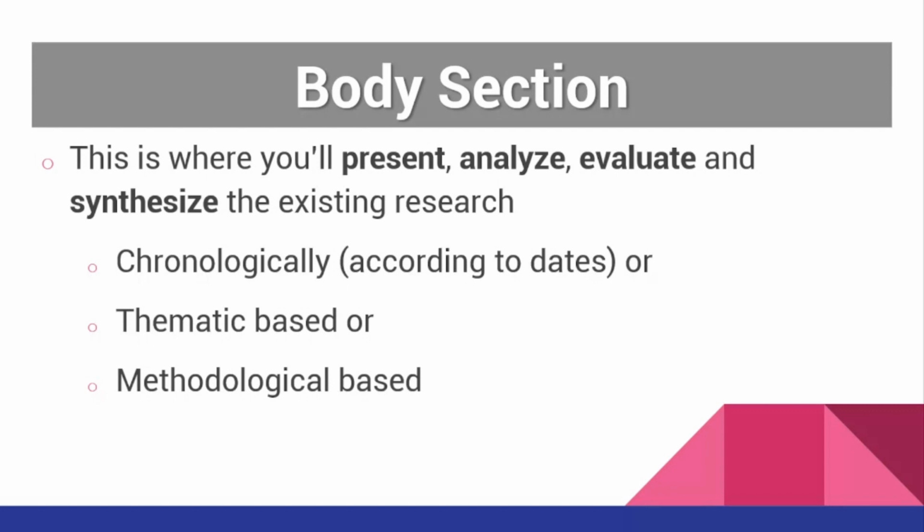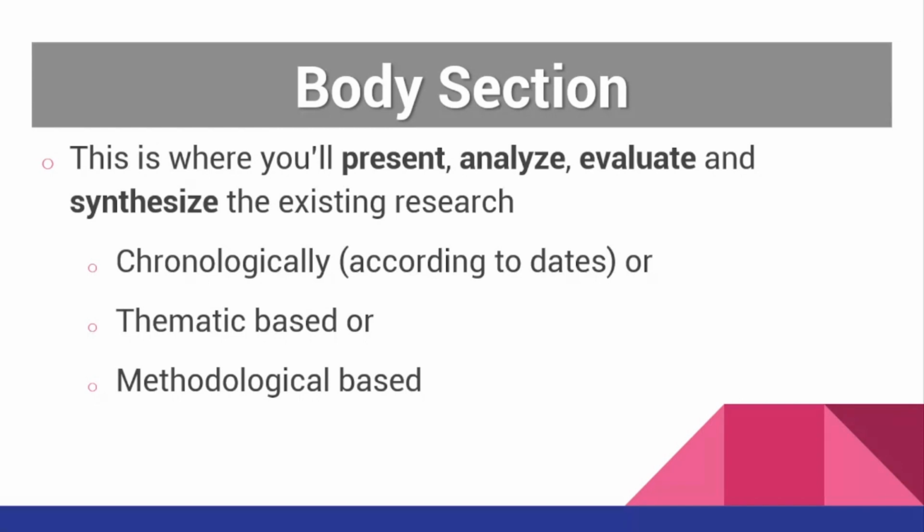That is, the bulk of your literature review should concentrate on the body section. That is what a literature review is actually about. You are trying to review existing literature, and so you don't want to spend so much time giving us a body of knowledge on your research topic and giving us very little information about studies that have been conducted on that particular area.